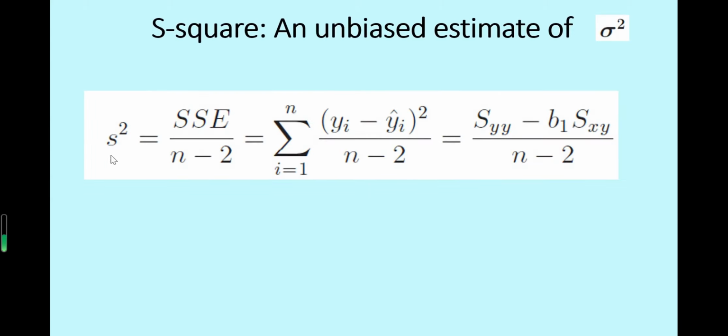And s squared is SSE divided by n minus 2, which is the degrees of freedom. This s squared is an estimate of the error variance, sigma squared, and equals Syy minus b1 Sxy divided by n minus 2. We use n minus 2 because two parameters, b0 and b1, are estimated, so we lose 2 degrees of freedom in estimating this regression line.